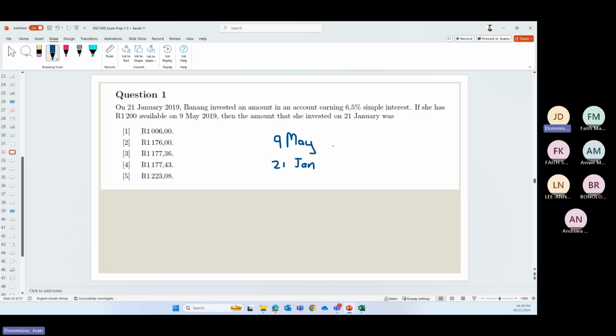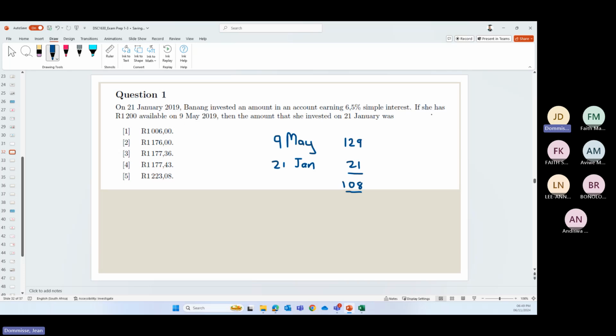So 9 May is day 129. 21 Jan is day 21. So the number of days is that we subtract those two. So we're working with 108 days.